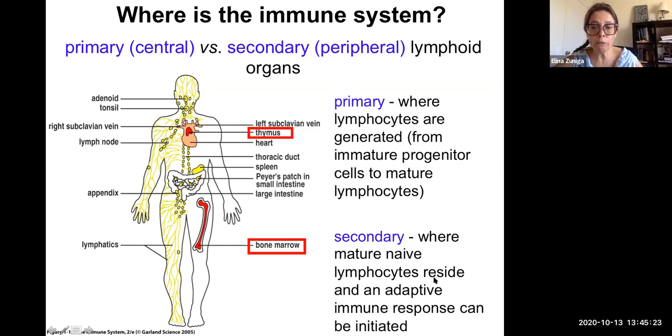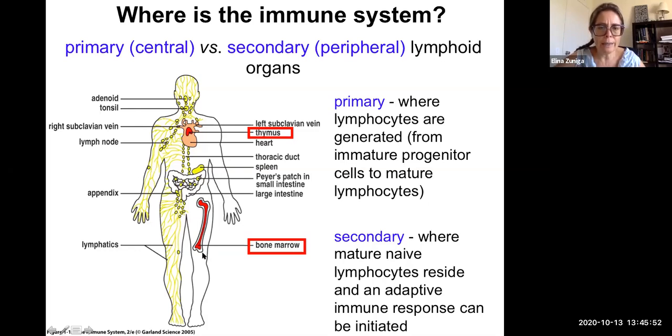Where mature lymphocytes reside and recirculate, and an adaptive immune response can be initiated, okay? And we'll see how these secondary lymphoid organs represent the meeting place between the pathogen and the naive lymphocytes. So the immune response can be initiated. Always in these secondary lymphoid organs is where the immune response is initiated.